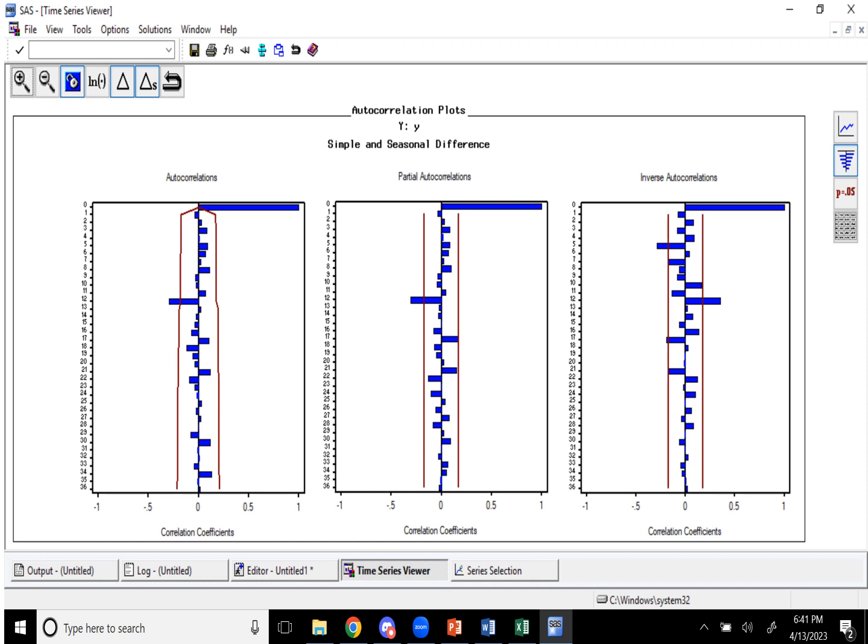I don't see a spike at time 1 or 2 or 3 or 4. I don't really see any non-seasonal spikes. That tells me I do not need a non-seasonal model. That's pretty straightforward. What about at the seasonal level? Well, I see a big spike at 12 for both the SAC and the SPAC.